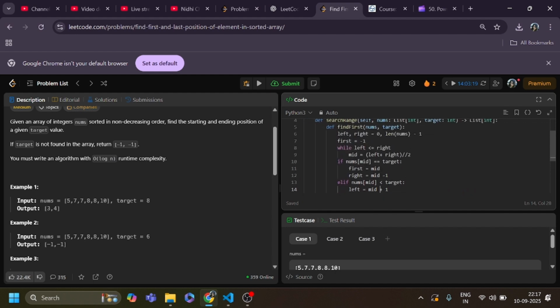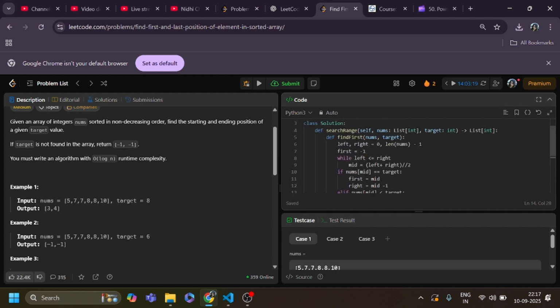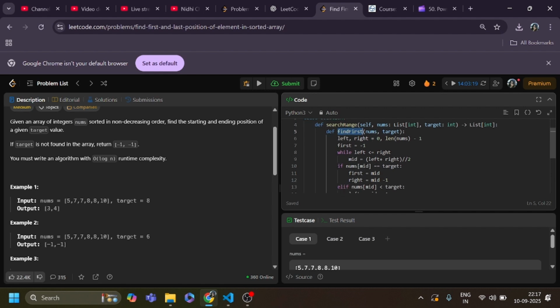So here we are going to find the first target. Left equals 0 and right equals length of numbers minus 1, first equals -1. While left is less than or equal to right, mid equals left plus right divided by 2.